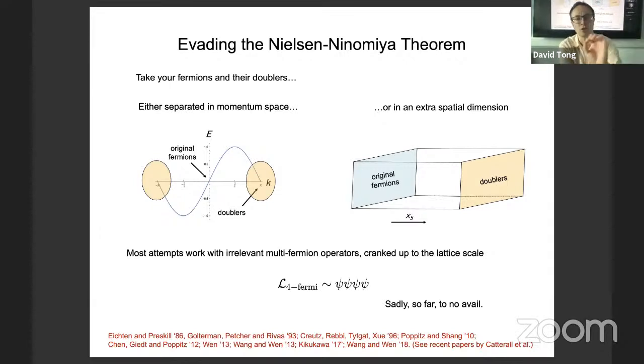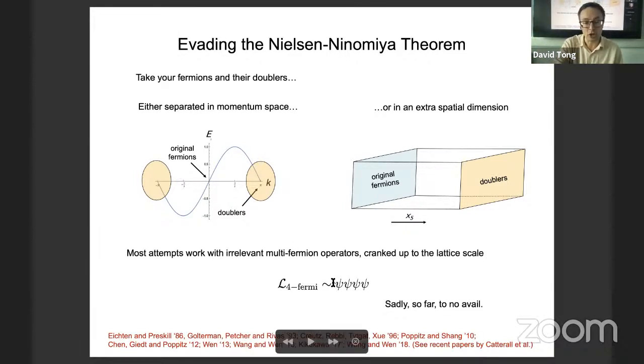Now, if you're used to continuum quantum field theory and not used to physics on the lattice, this clearly isn't going to work. It's clearly not going to work in the continuum because this is an irrelevant operator. You're not going to give masses to fermions by turning on irrelevant operators. But on the lattice, you can do things that you can't do in the continuum.